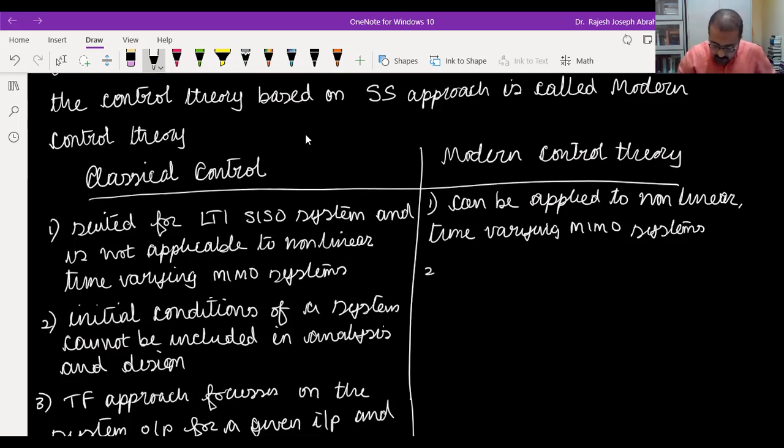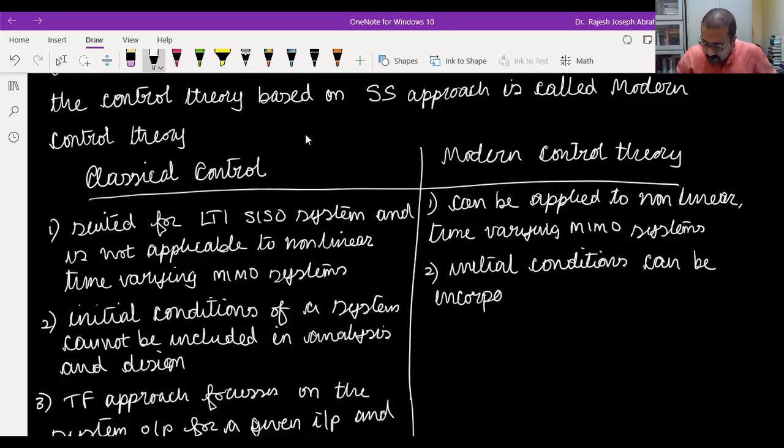Then initial conditions can be incorporated in this modeling approach.